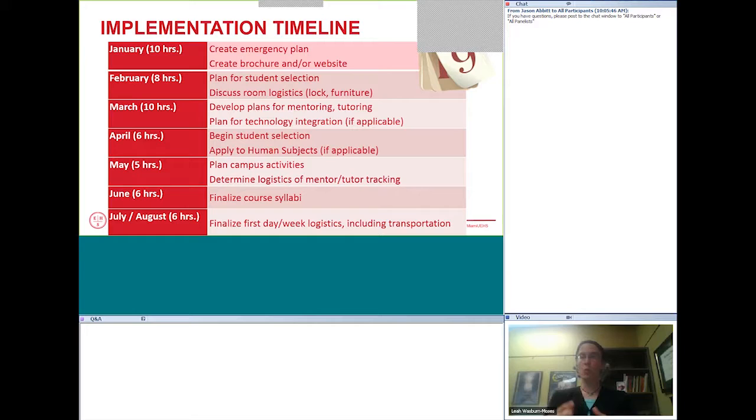The reason why I said apply to human subjects is because you're going to be collecting data at least on the young people, K-12 students. I have done some small studies on our tutors and mentors. I feel like there's a lot more that could be done there, especially based on what kind of experience this is going to be for them.